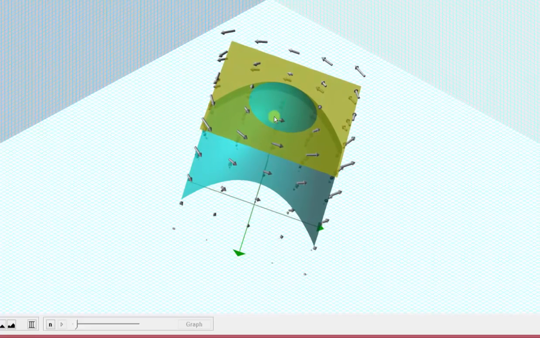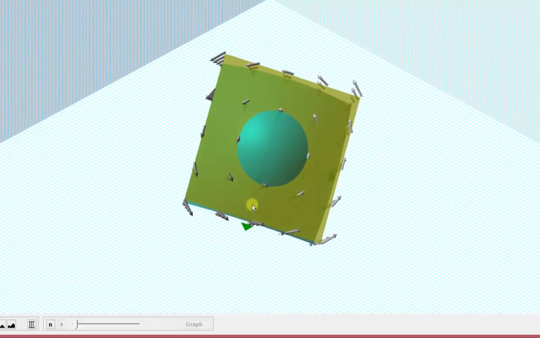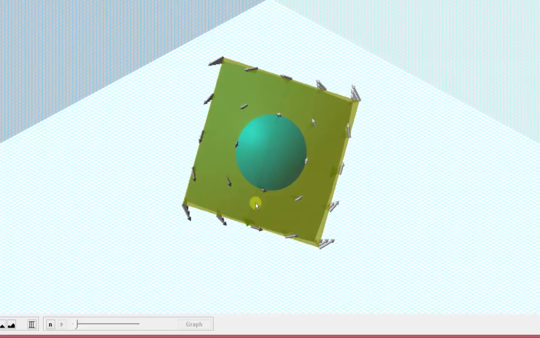If we look down on the xy plane, notice how we can see the curve C is going to be where this yellow plane cuts the paraboloid, giving us this circle here, centered at the origin, with a radius of 1 along the plane z equals 10.